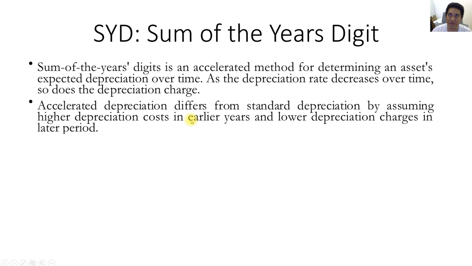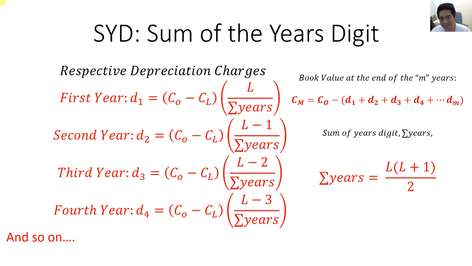Just like in the straight line method, we have several formulas. For the sum of the years, we will also have several formulas. Here we can compute the respective depreciation charges using this formula.